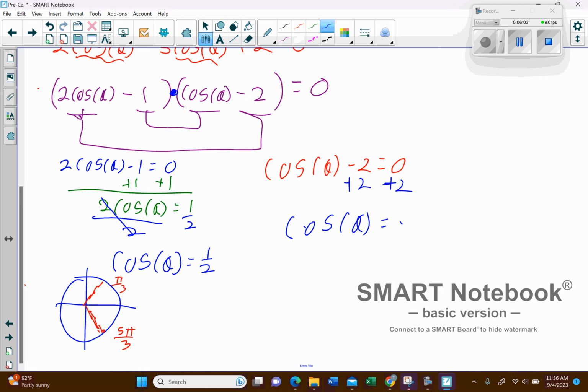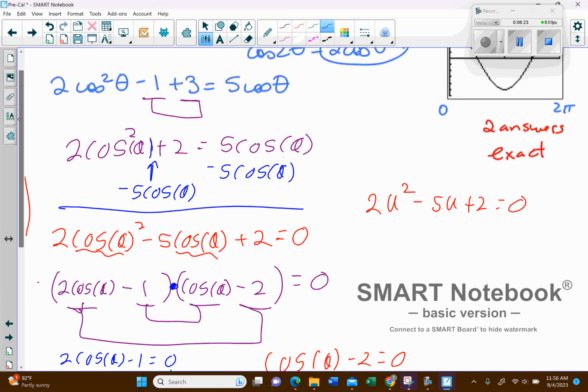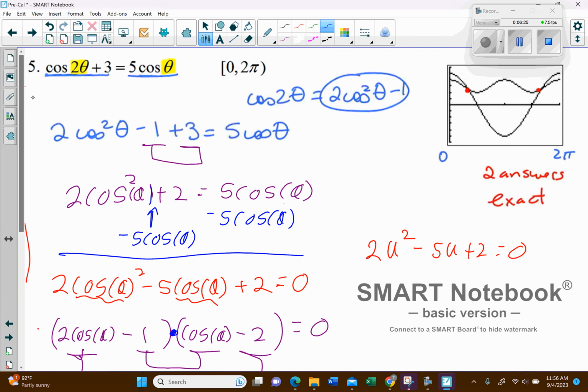For my possible values of theta, you'll never get a ratio above 1. So that's not even possible. If you put it in the calculator, it's going to give you an error, so that won't work. So these are the only two answers we're looking for on this particular example. And we'll go back up, and if you look at the picture, that probably seems about right.